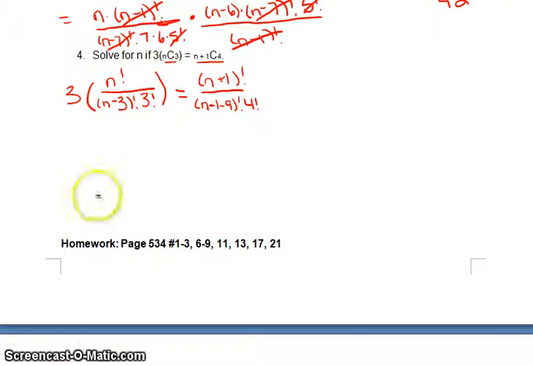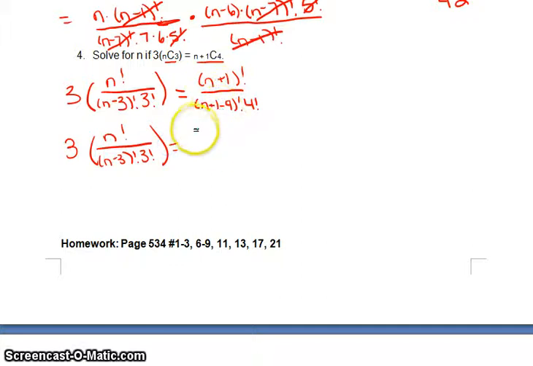Then maybe we'll simplify this denominator first. So we'll have 3 times n factorial, divide that by n minus 3 factorial, 3 factorial is equal to n plus 1 factorial, divide that by, this is n plus 1 minus 4, so we can change this to n minus 3 factorial times 4 factorial.